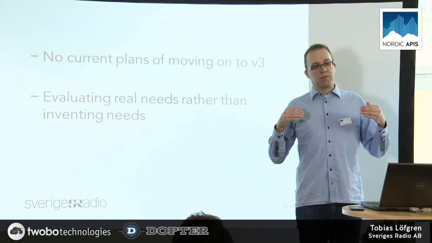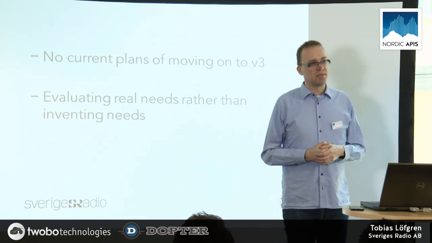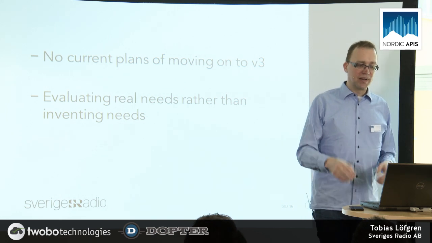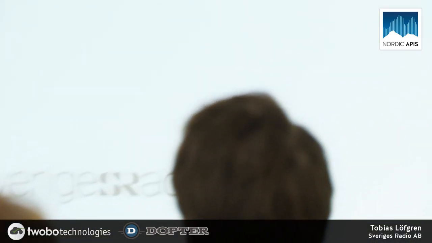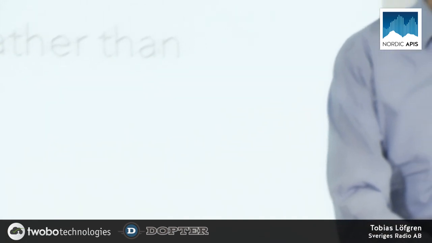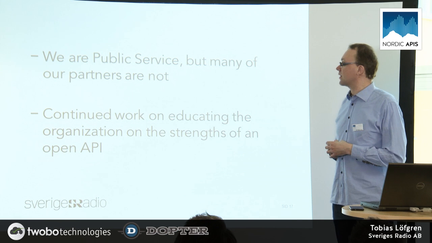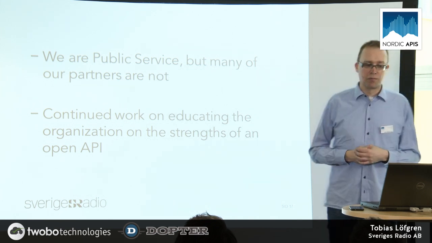Because within the organization, you move back and forth, and right now we have to focus more on real needs rather than inventing needs. And still, we have our user group, and we're going to follow what people ask for while we evaluate version 2 of the API. And this is what I touched on earlier, also about the future, and what we're working on.